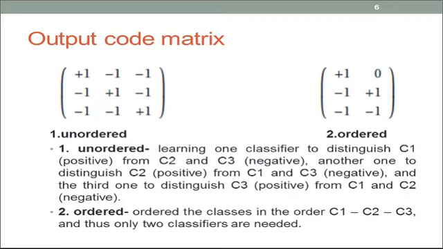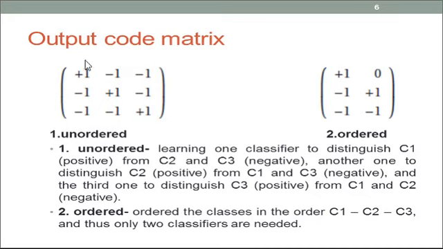Now to show these ordered and unordered cases, we have a concept called the output code matrix. We have an unordered output code matrix and an ordered output code matrix, as we see in this particular slide. In the unordered one versus rest scheme, we have one class as positive. Along the rows we have the classes and along the columns we have the classifiers.